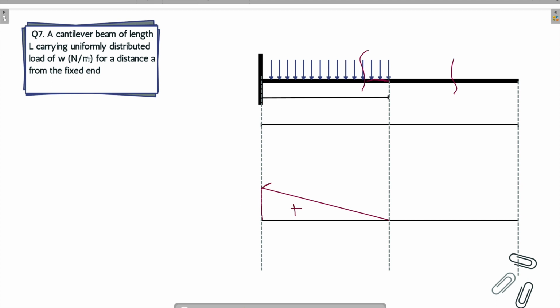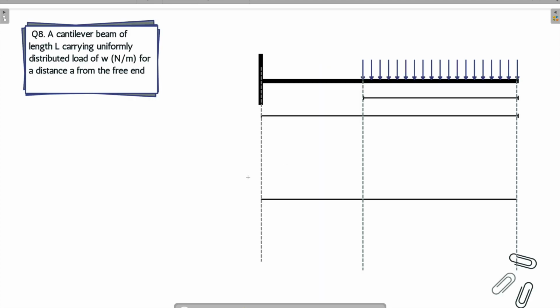A cantilever beam of length L is carrying a UDL for a distance A from the fixed end. So this distance is A and this distance is L. So here the magnitude will be W into A. Similarly for this one, if you cut a section, you will get a UDL, and for UDL the shear force diagram varies linearly, and it will be positive in direction.